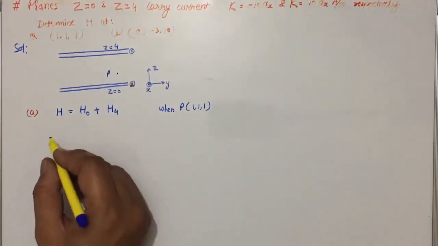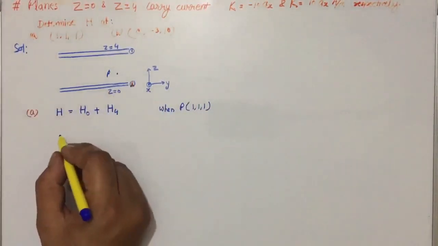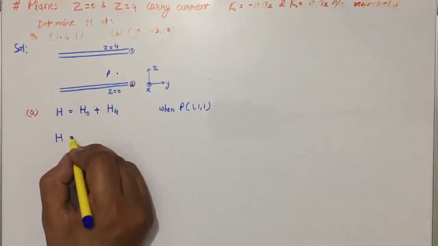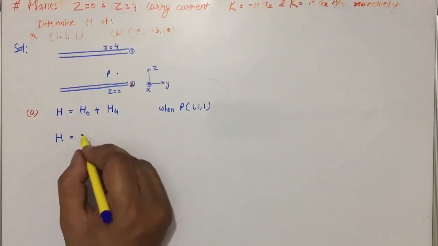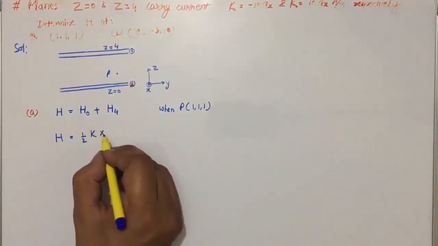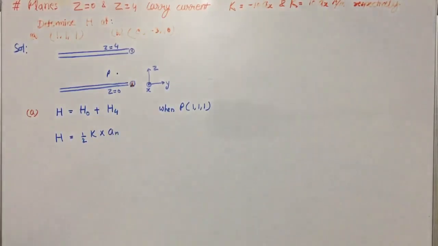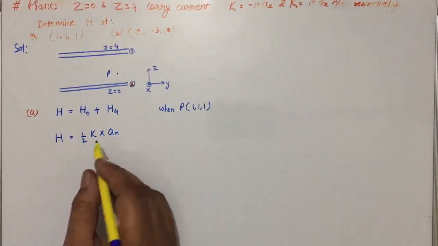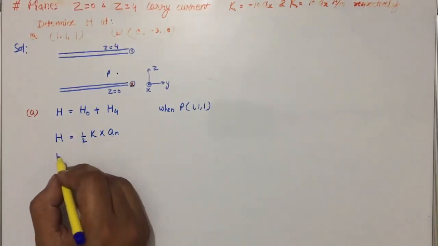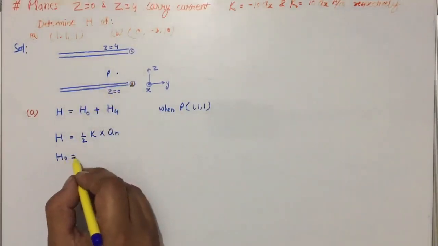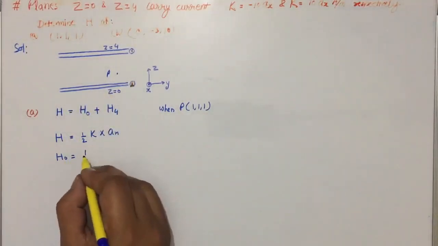In the beginning, for the sheet current, we have derived that H was equal to half the current density cross the normal vector. We have derived this already. So from there, for this current sheet, H0 will be half K cross AN.